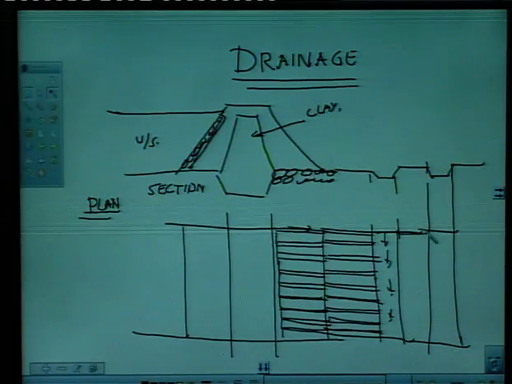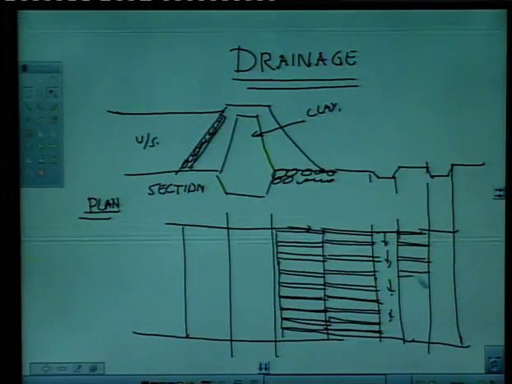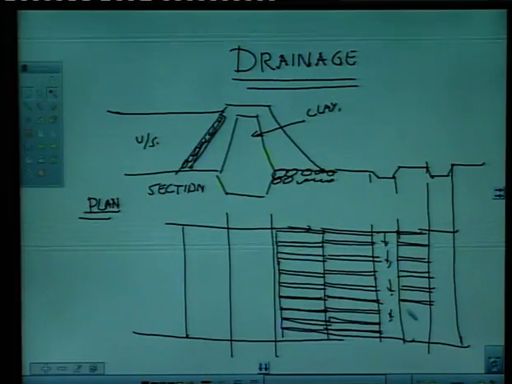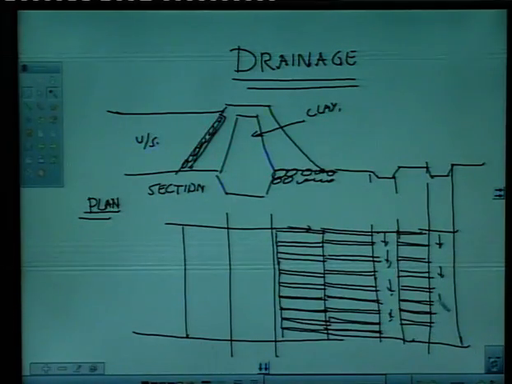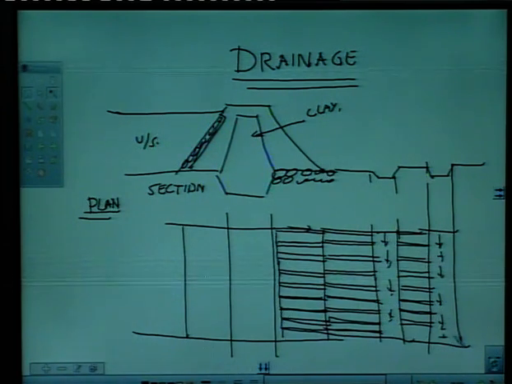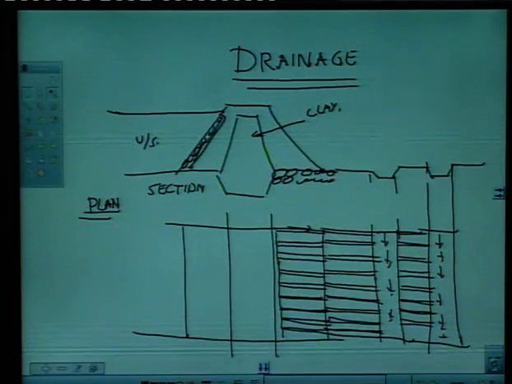You can have these interconnected. So, rainwater goes from one drain to another drain, and this helps in keeping the dam section safe. Water comes out and goes again to the canal system. So, this water is thus not harming the dam section.